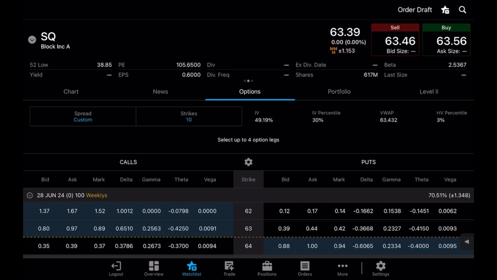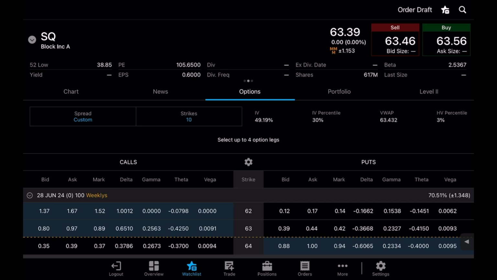Those premiums come with that cost because the volatility is high. So keep in mind what you have for your implied volatility. Never ignore that. And then you see the implied volatility percentile. It'll tell you, with this example, it's at 30%. And then VWAP. Again, same thing. Keep in mind what the volume is doing, what the volatility is doing, and make sure that's something you never ignore.